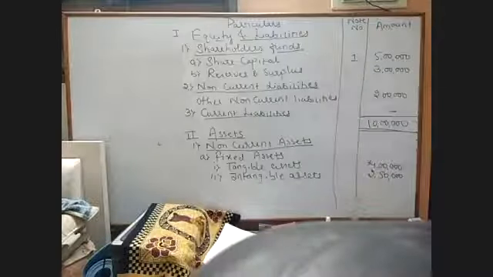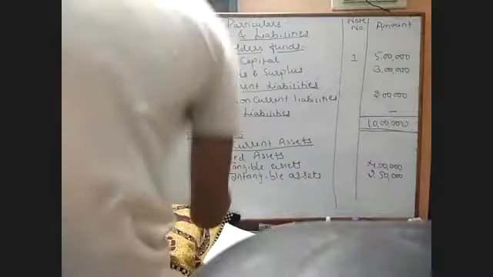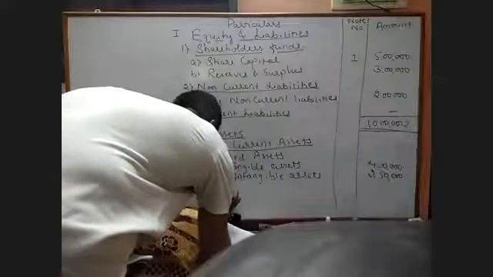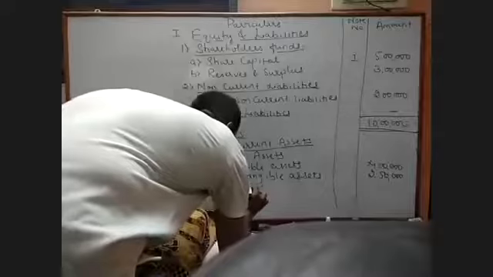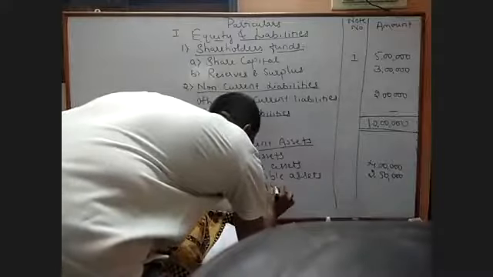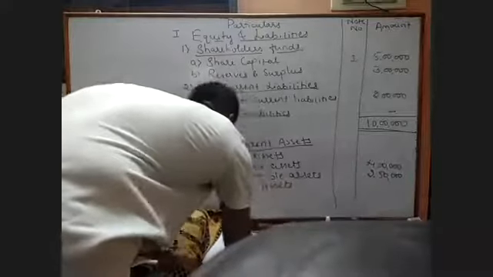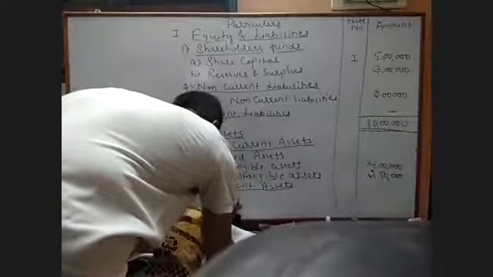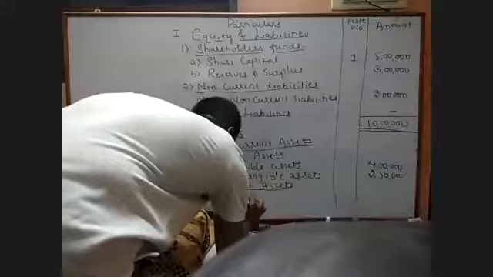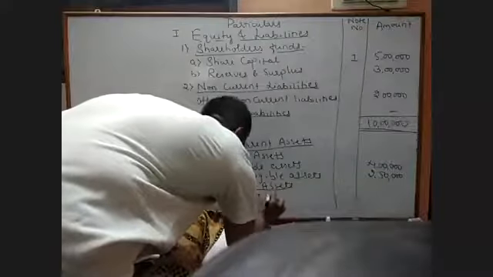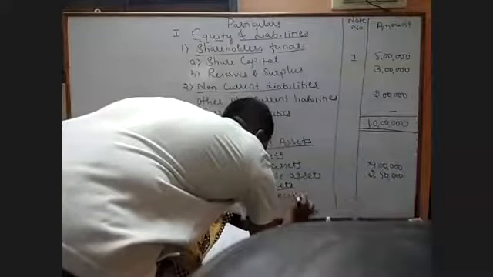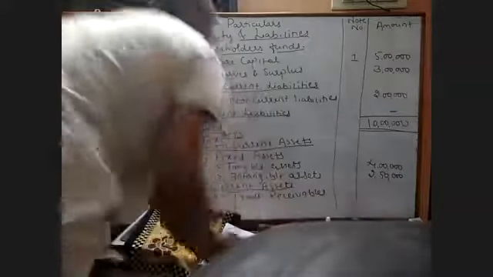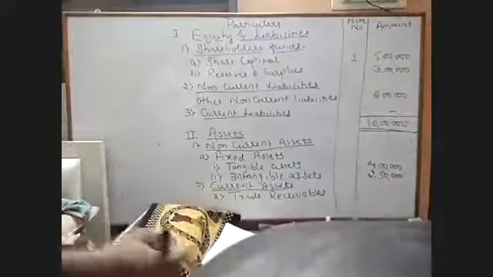So next is number 2, that is current assets. In that, A is trade receivables.